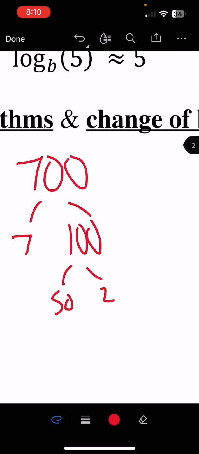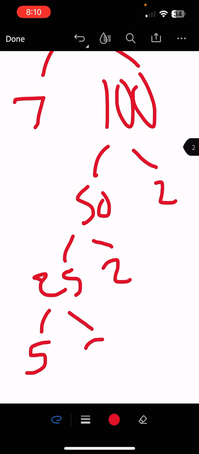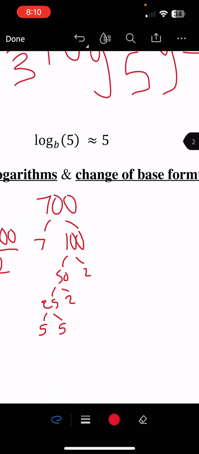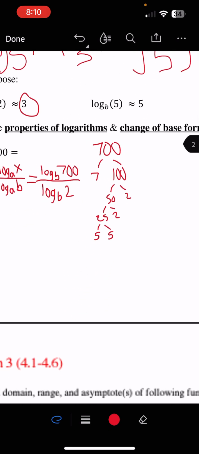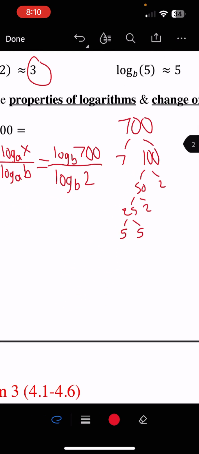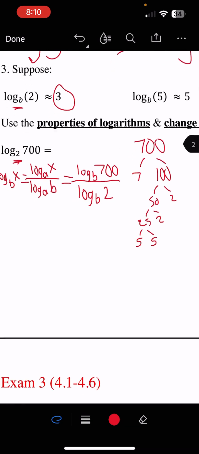We have a 2 piece because we know what 2 is. And then 50 is 25 and 2. We have another 2, right? So we have 25, which is 5 and 5. Okay, perfect. So now we have our 5. We have basically every number. Now we're just expanding it. So let's go ahead and do that.